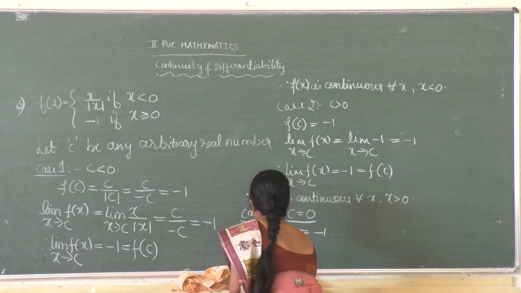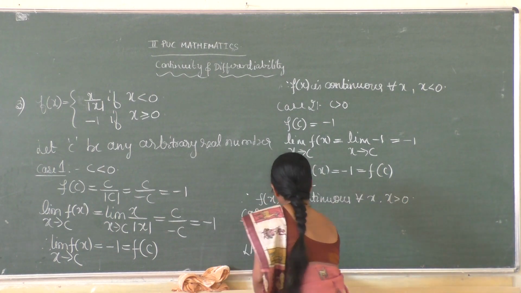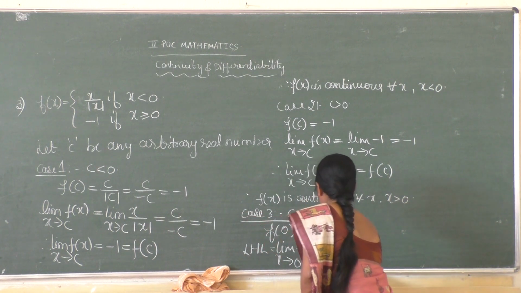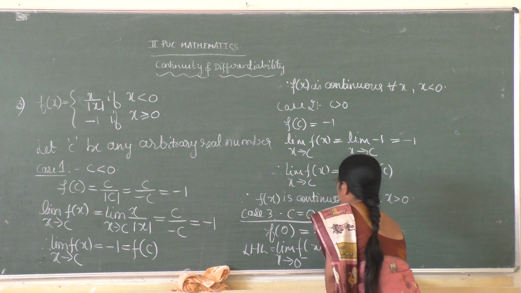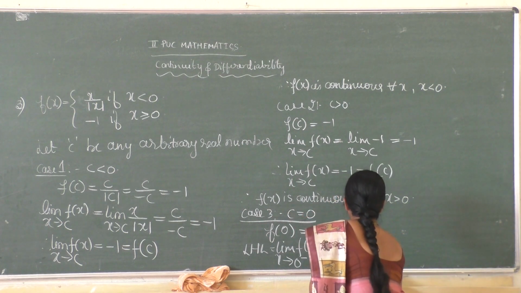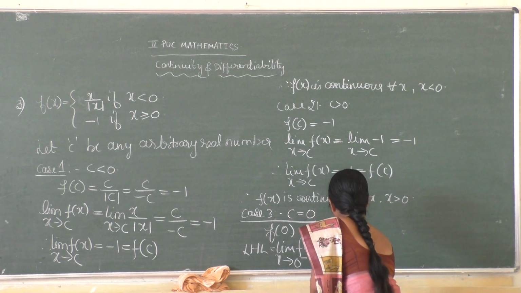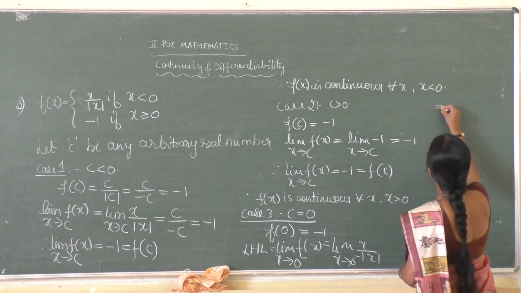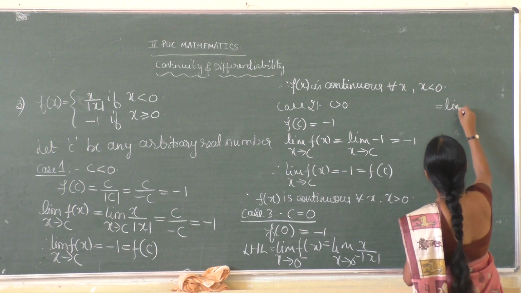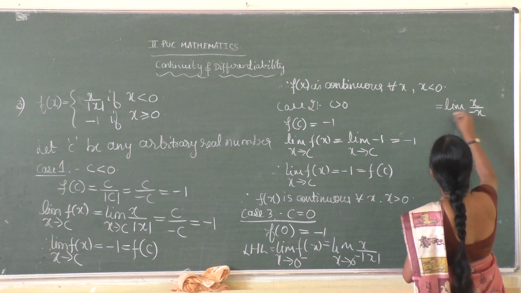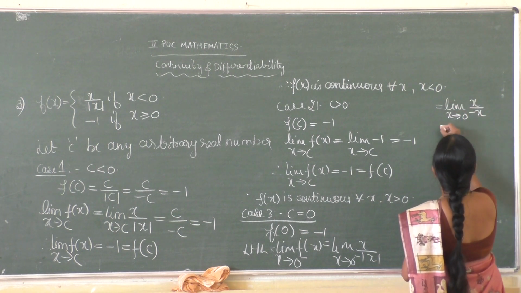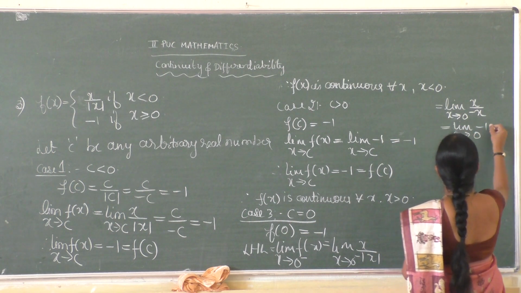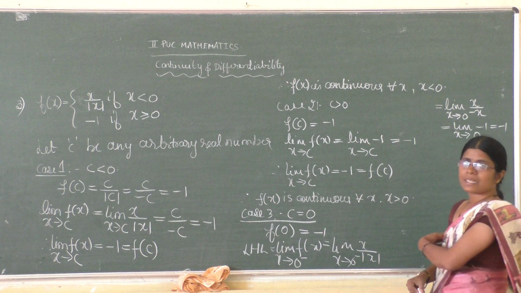The left hand limit equals the limit of f of x as x tends to 0 from the left side, that equals the limit of x by mod x as x tends to 0 from the left side, that equals the limit of x by minus x, which is the limit of minus 1 as x tends to 0, equal to minus 1.